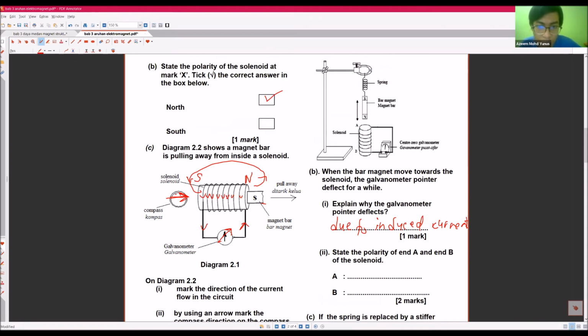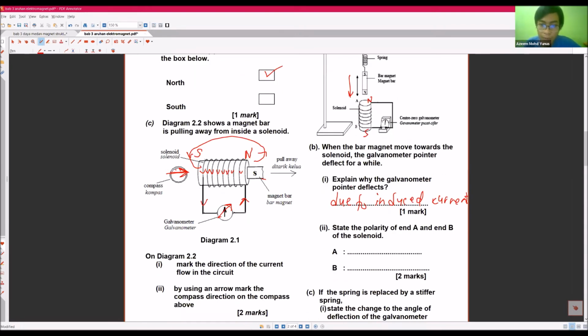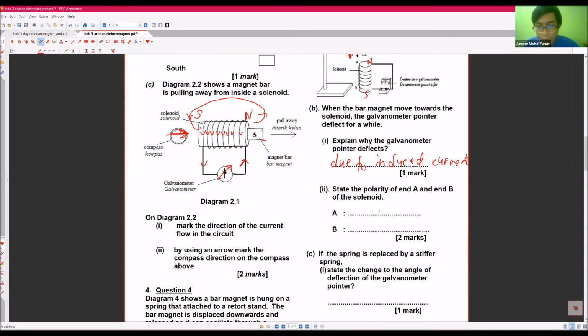So A and B change as well. We just pick one, when the bar magnet is approaching, which is the north pole here. So this must be north, this must be south, because approaching gives the same pole due to Lenz's law. A is the north pole, B is the south pole.